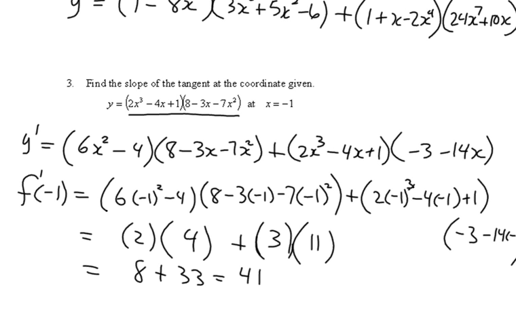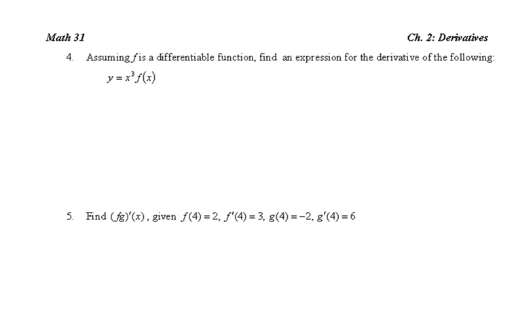All right, so we just have one more to do. No, 2 more, sorry, but they're very short. Okay, assuming f is a differentiable function, find an expression for the derivative. Here's your two expressions. Your two expressions are x cubed and f of x. So when you do the derivative, it's the same thing.